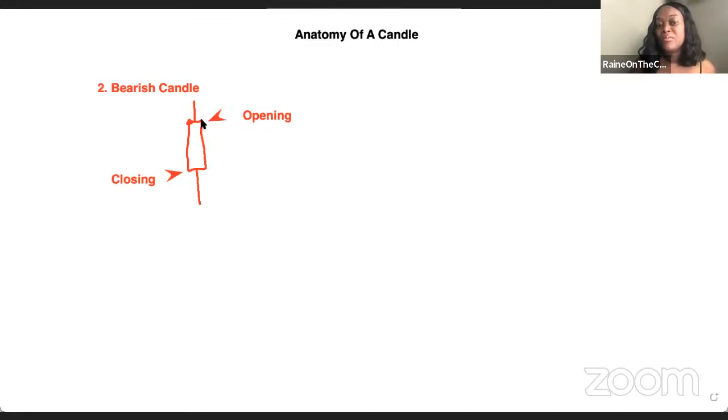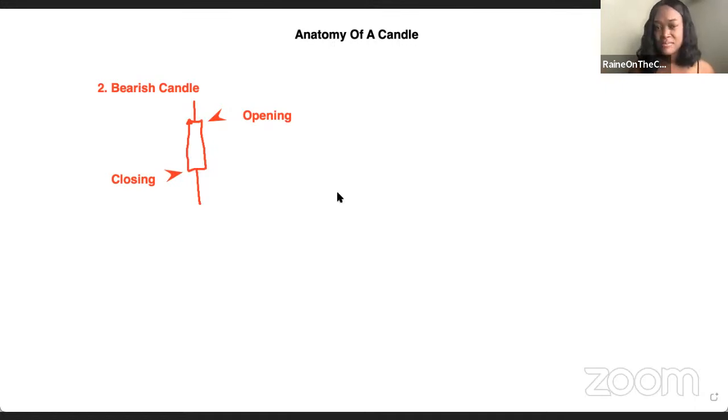But if the price had gone up, this would have been a bullish candle, because a bullish candle opens at the bottom and closes above. If it opens and then closes below, then it opened at the top and it closed below, it's bearish. So until the candle actually closes, you really don't know if it's bullish or bearish. That you will know after it has closed.